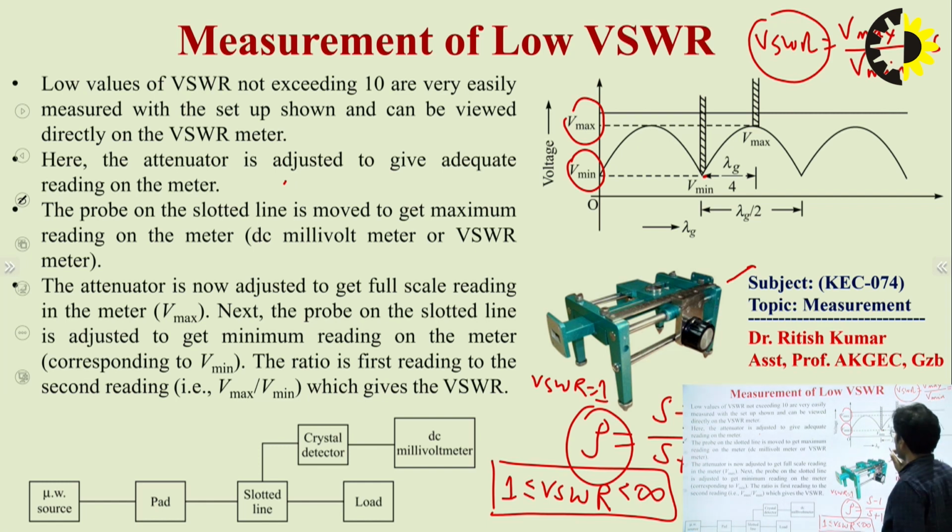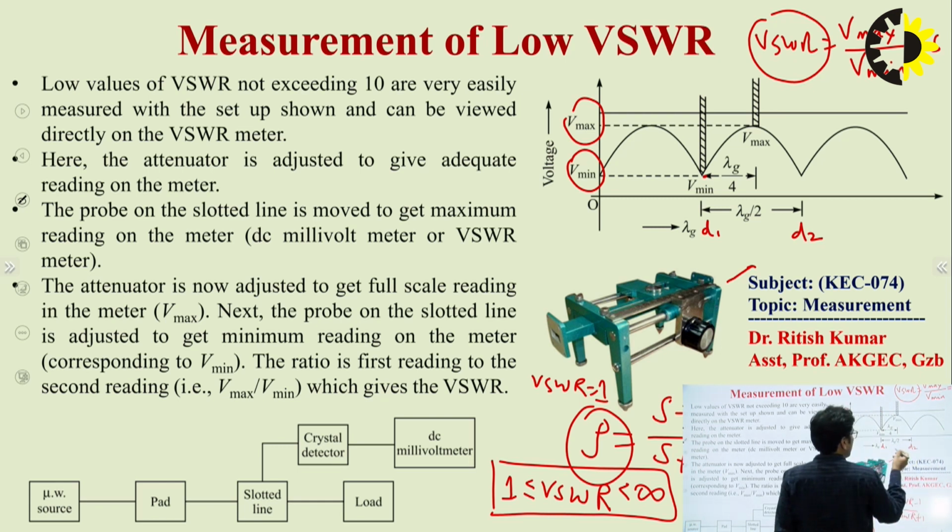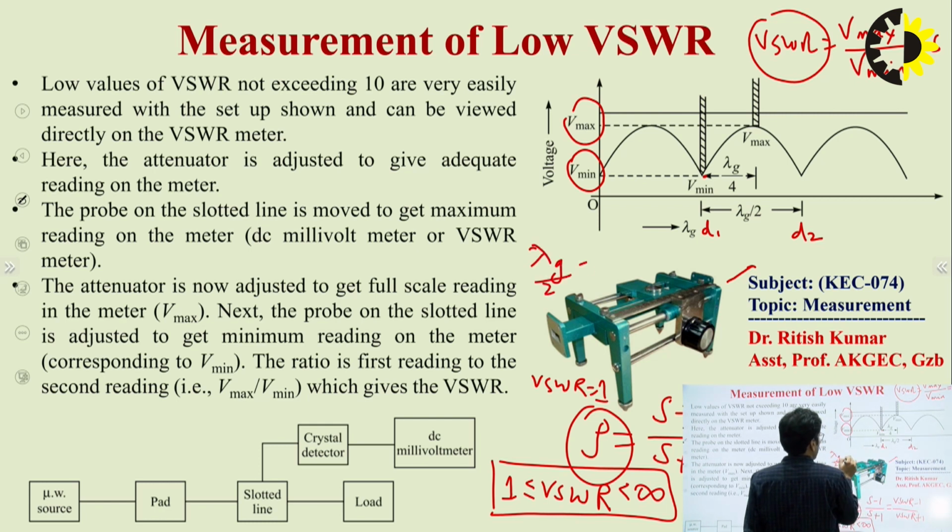If I consider this one as d1 and this as d2, you can get the d1 value by using this scale, and d2 again by using this scale. So you already know both values from this scale, and the difference between these two values is equal to lambda g by 2, right?